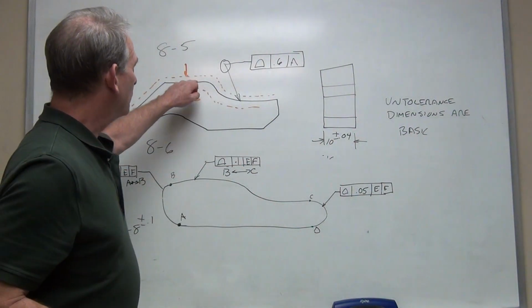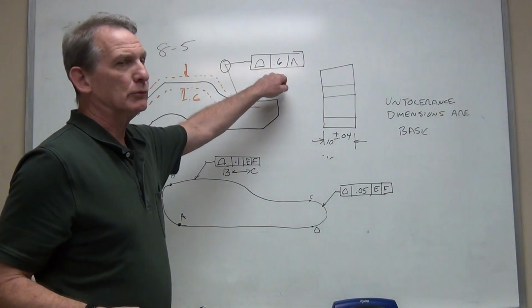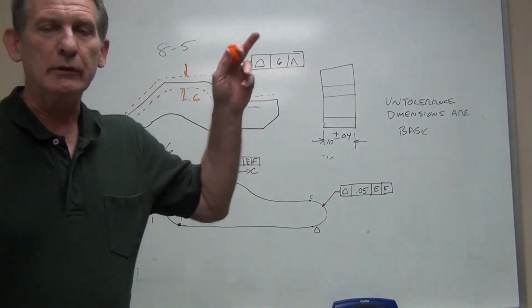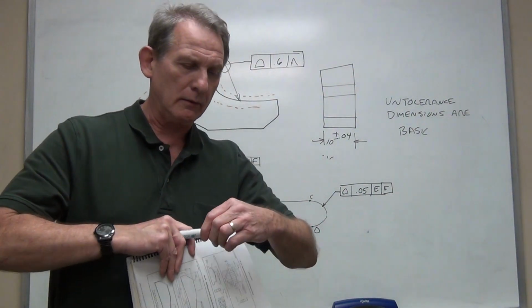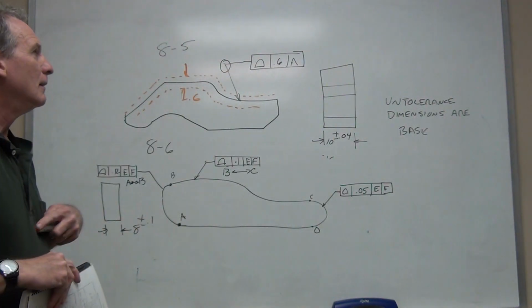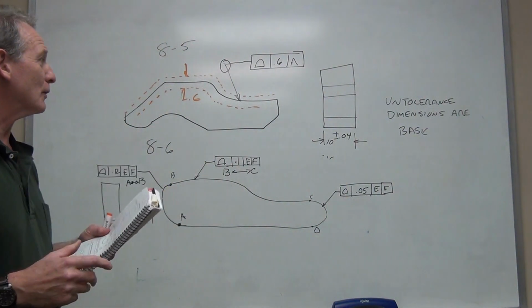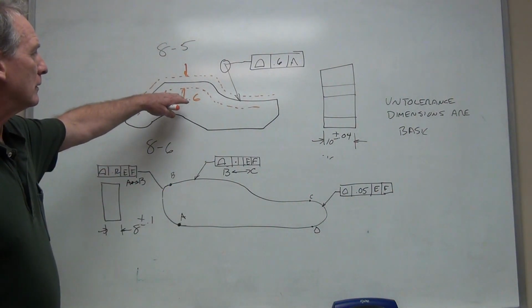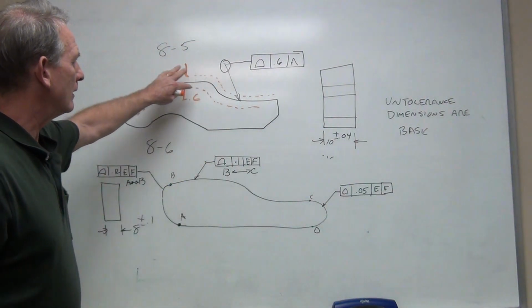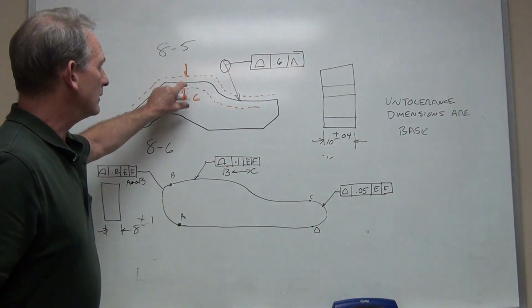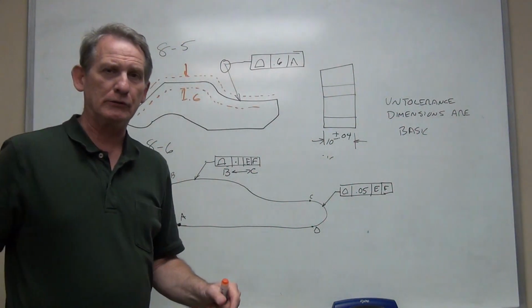It's 0.3 to the plus, 0.3 to the minus, because we don't have the U in the circle, the unequally disposed symbol. Again, kind of a cumbersome term. So we know that the tolerance zone that we're defining is this wide, and it's half-half from the basic geometry.